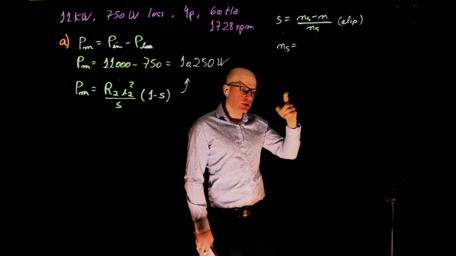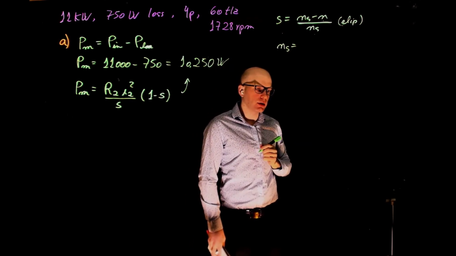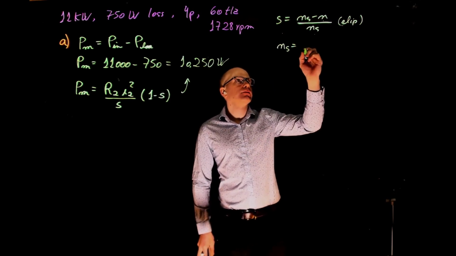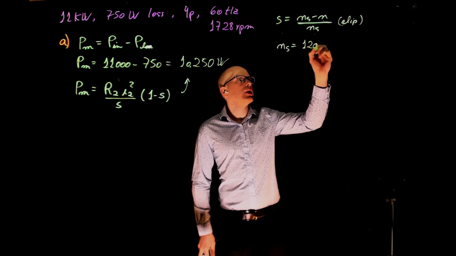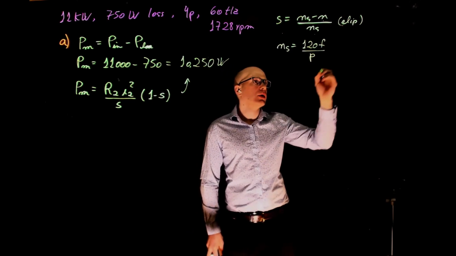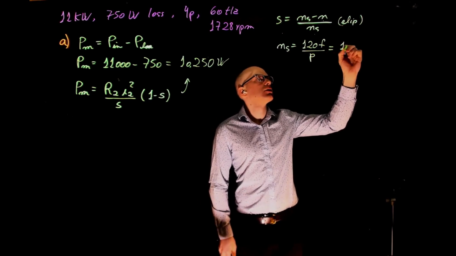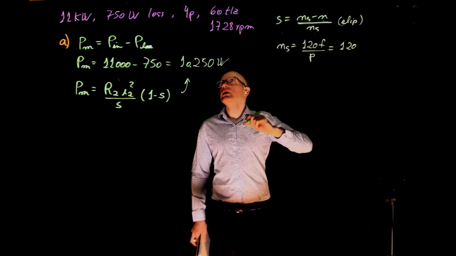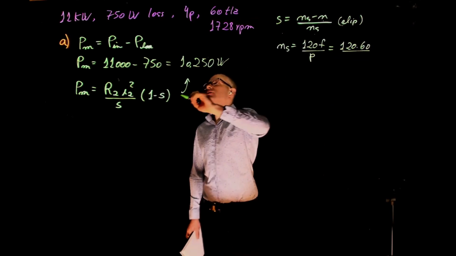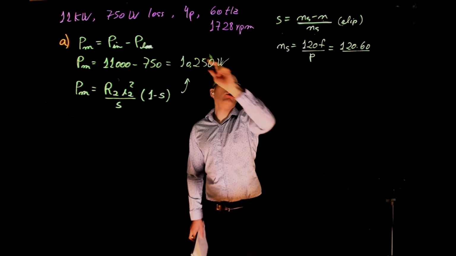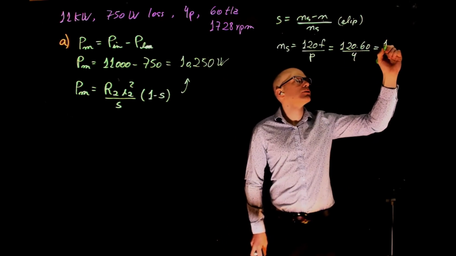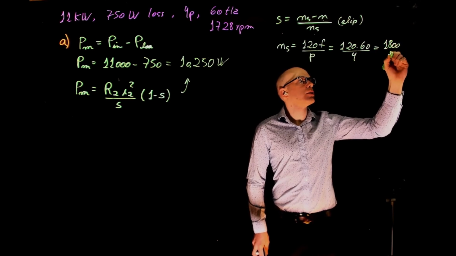That's the speed at which the magnetic flux rotates inside the air gap. It is given by 120 times the frequency divided by the number of poles. This is from lecture 16. So this is 120 times the frequency, 60 hertz, divided by the number of poles, that is 4, and that is 1800 RPM.